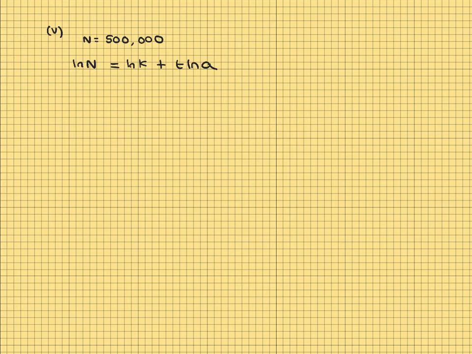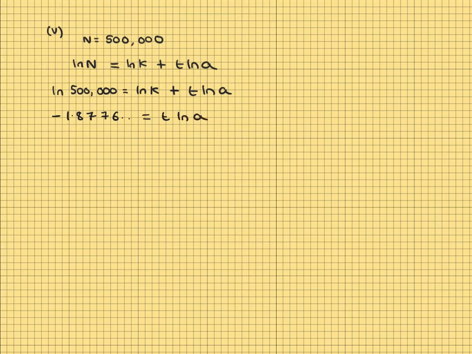Now, I'm going to use my full level of accuracy for my value of k and for my value of a. So I have ln 500,000 equals ln of k, which I'm going to use from a calculator memory, plus t ln of a. So I need to start by subtracting ln of k, which gives me negative 1.8776... and that is equal to t ln a.